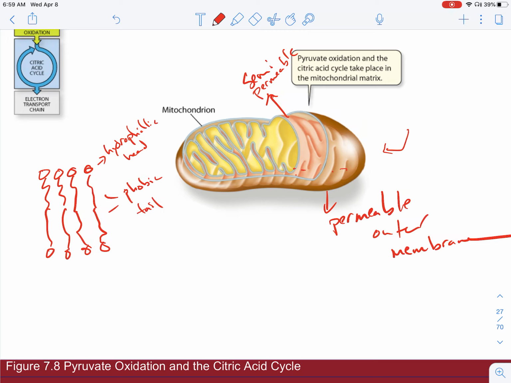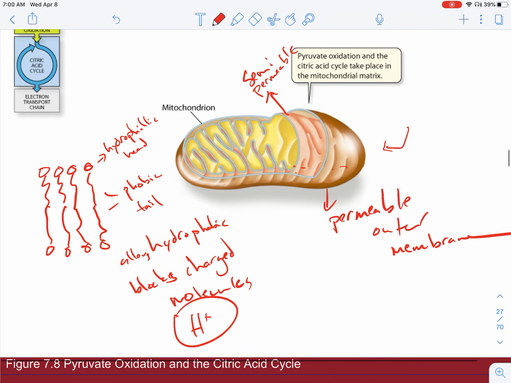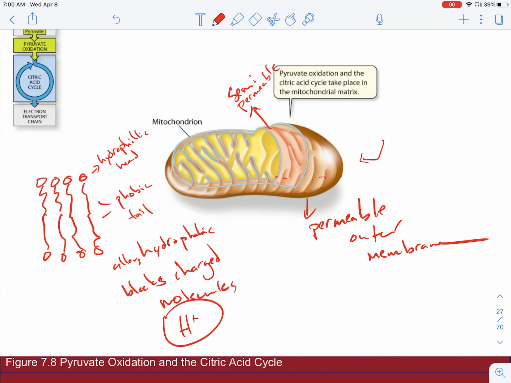And so a lipid bilayer that's semi-permeable allows for the flow of hydrophobic compounds, but blocks any charged molecules. In particular, for this case, the proton, H plus, would be stuck on one side of the inner membrane or not. And so we're going to see in oxidative phosphorylation how profound a deal that is.